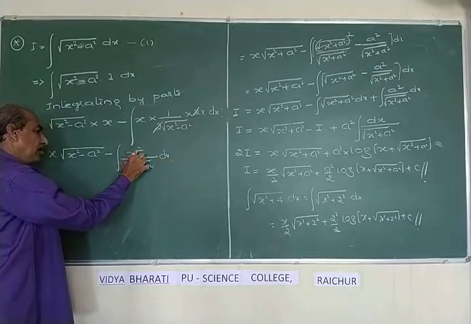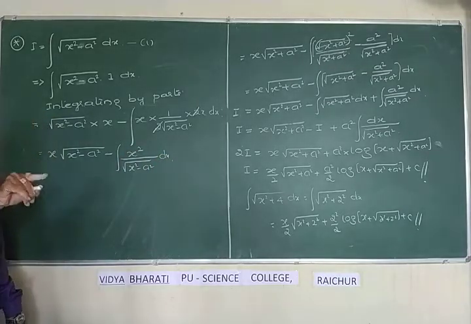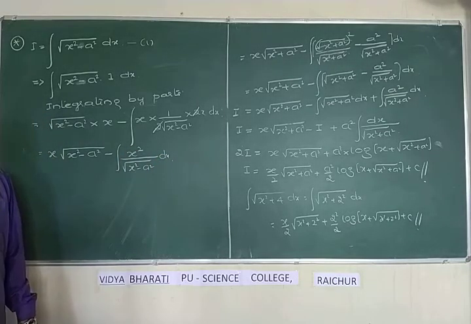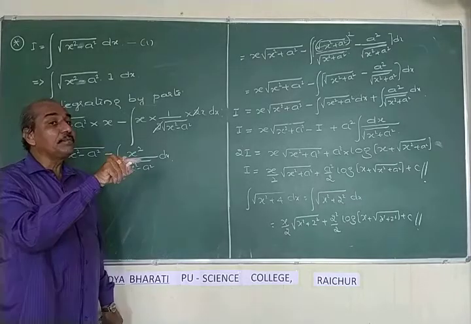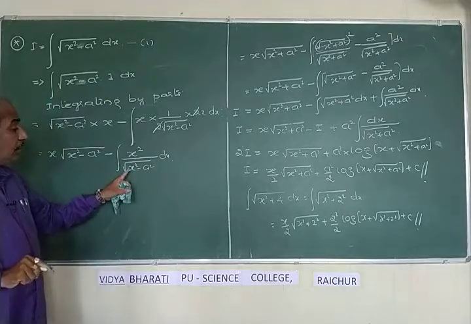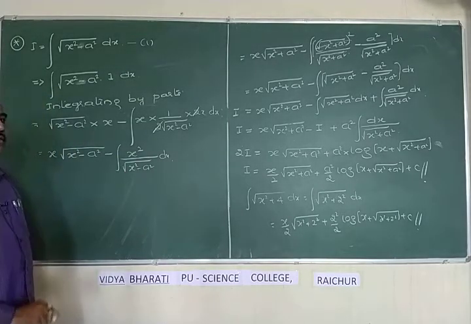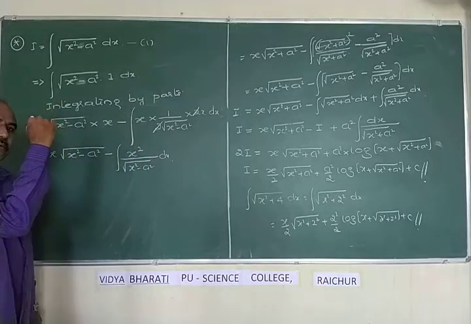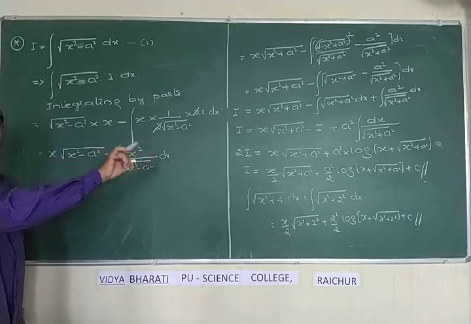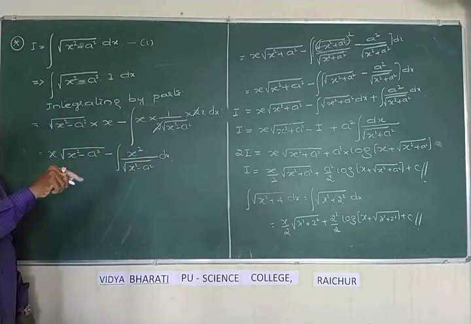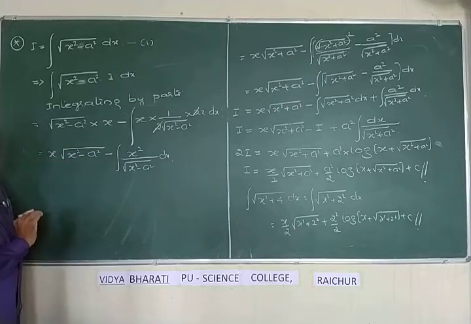See, numerator term you must change according to the denominator. Earlier what I did, you see that x square plus a square I made. Here x square minus a square I must make. For that, you have to add a square, subtract a square, or else subtract a square and add a square, both are one and the same.